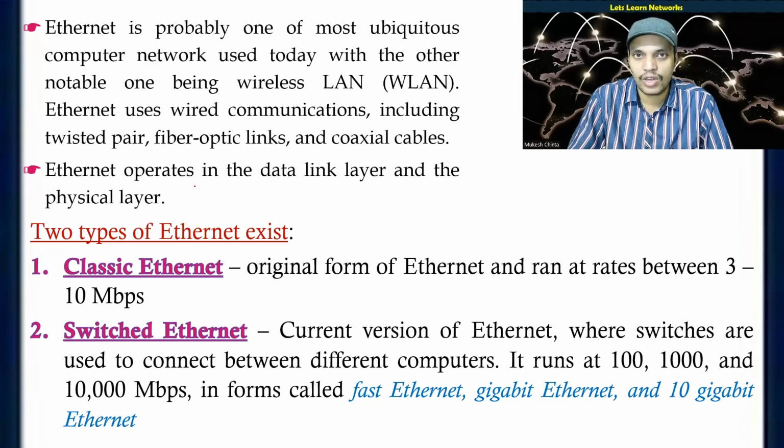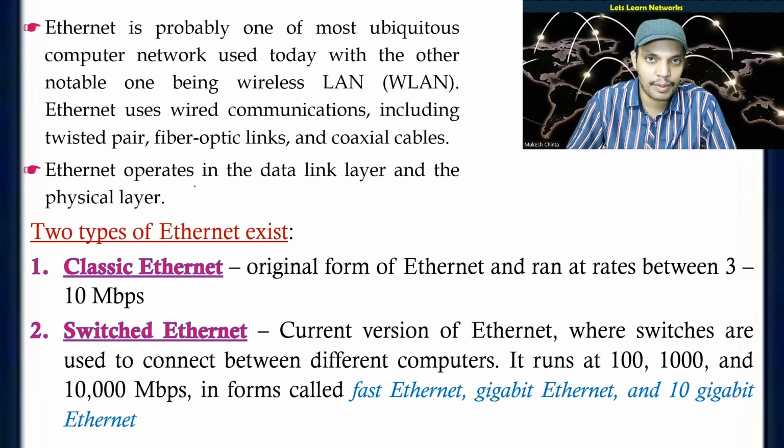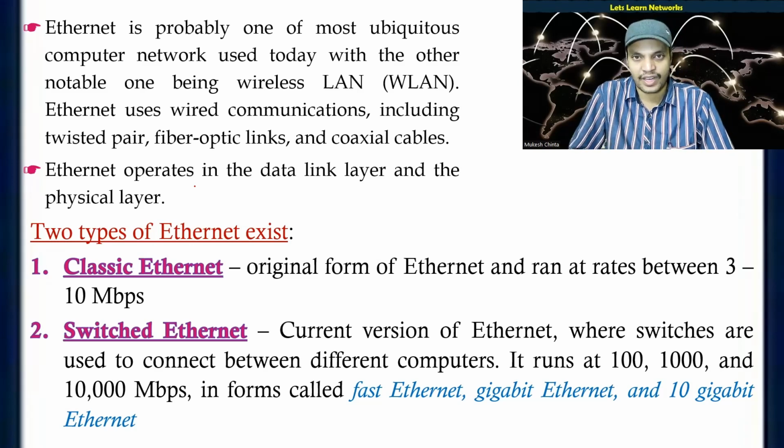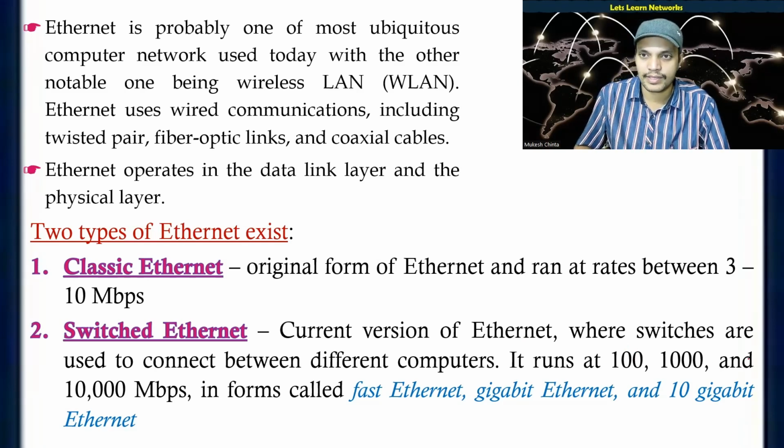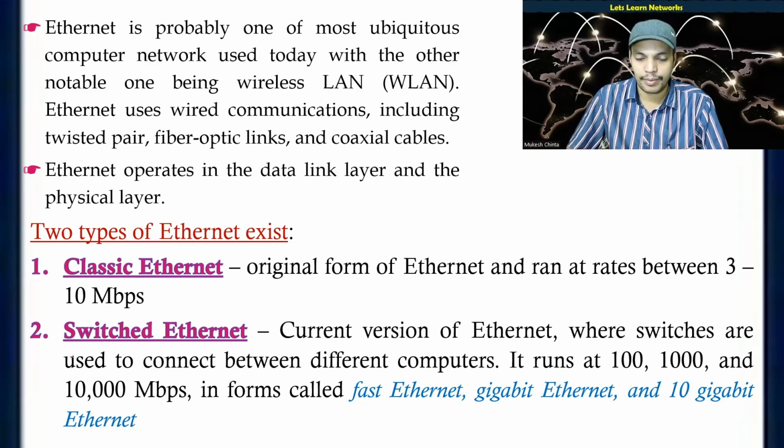The names are fast Ethernet for 100 Mbps, gigabit Ethernet, which runs at 1000 Mbps, and 10 giga Ethernet, which runs at 10,000 Mbps. This we also call the evolution of Ethernet, starting from the classic or standard Ethernet, which runs at 10 Mbps, moving on to 100 Mbps, 1000 Mbps, and even 10,000 Mbps.